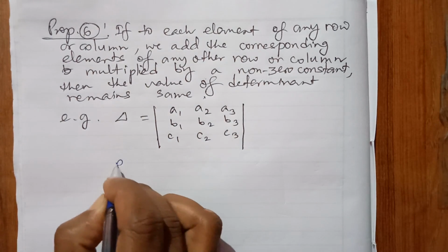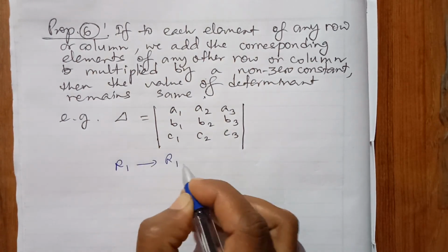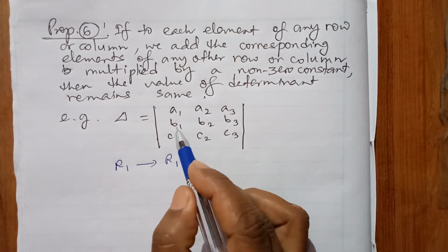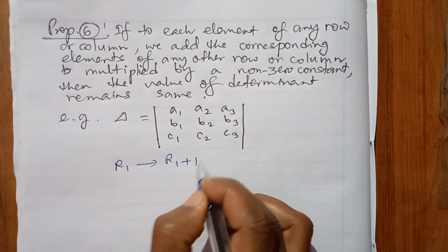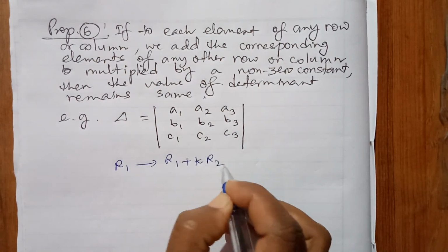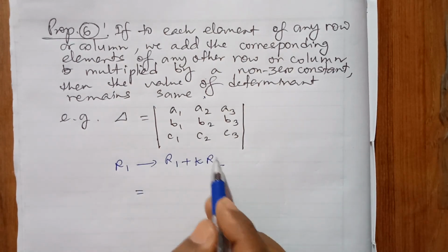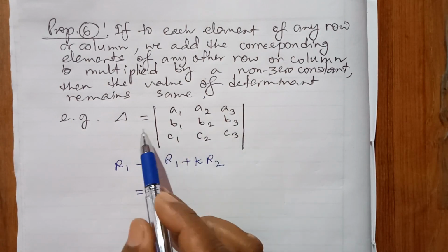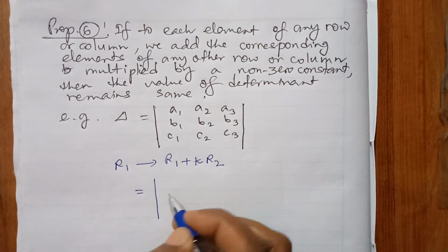Here you write R1 will be changed as R1 plus k R2, adding the corresponding elements of row 2 multiplied by the non-zero constant k. Then applying this operation, the value of the determinant will remain same. So I am continuing the equal sign here and writing the determinant.